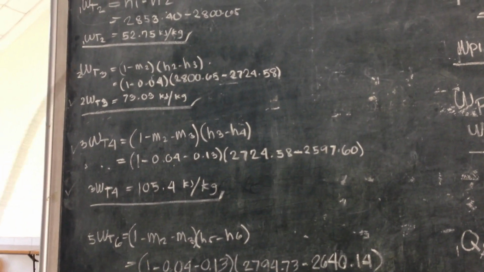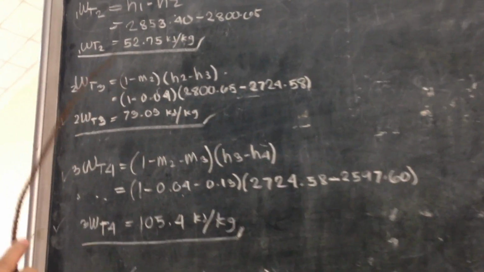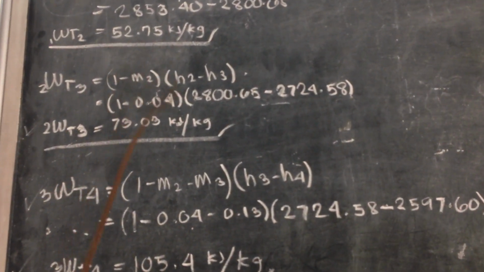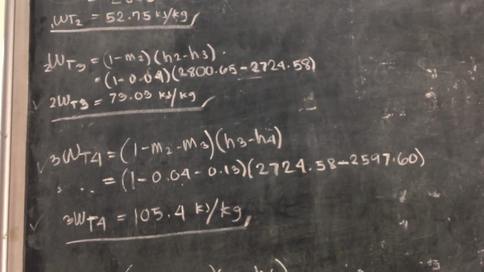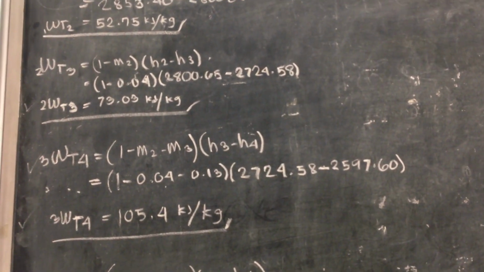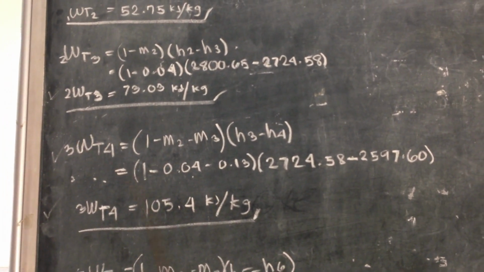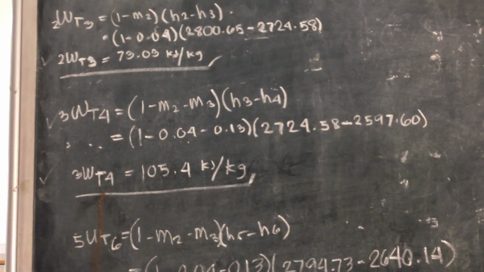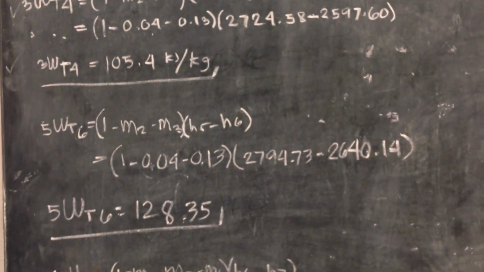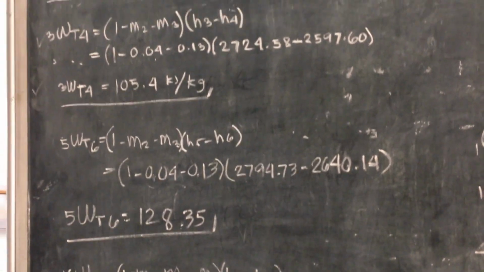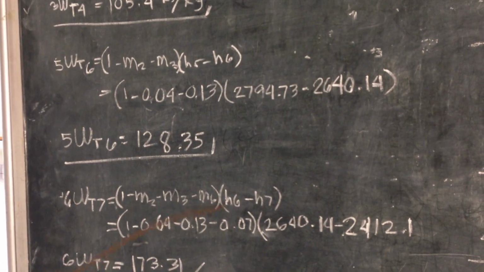So work turbine 3, same, since we have the mass 1 minus mass 2 times H2 minus H3, because that's what I have shown you in the diagram. Same process for work turbine 2, 3 and 4, and also turbine 6. They just have the same process. The difference is they have different masses.